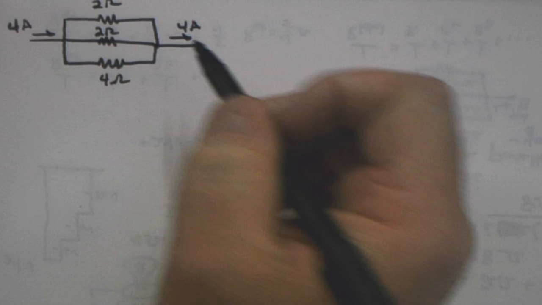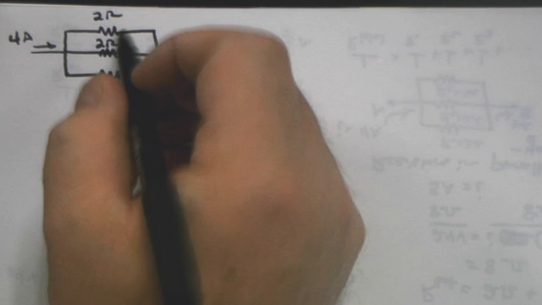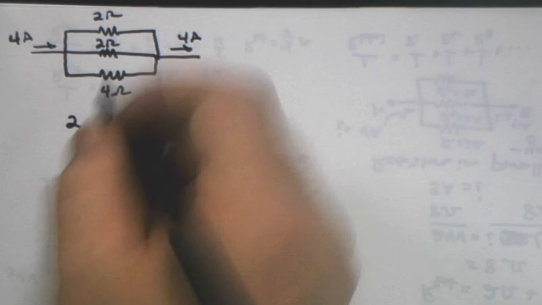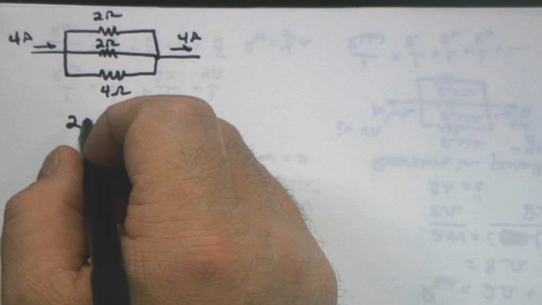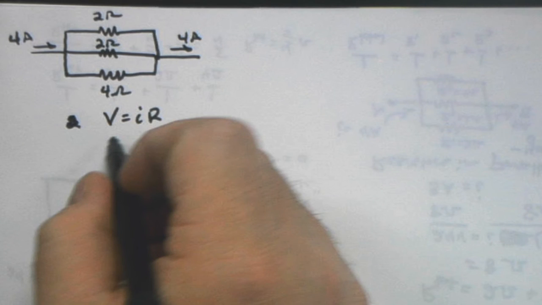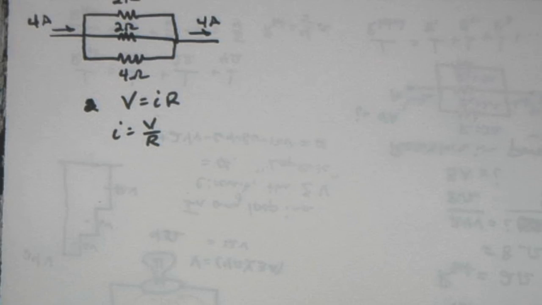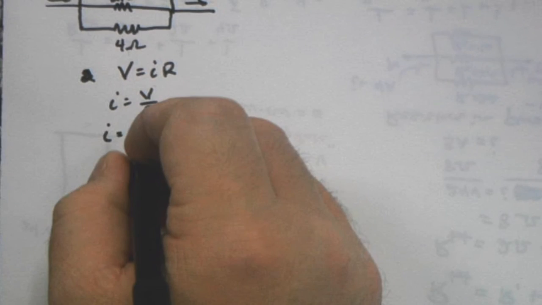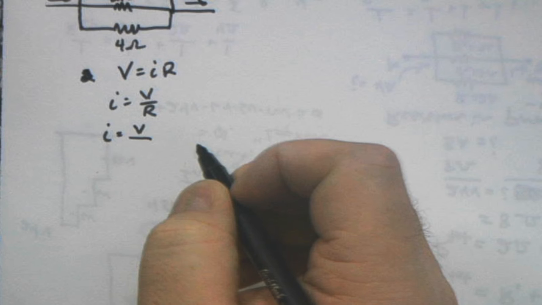All right, there's a little bit of heavier math that we have to do here. Because the voltage going through all three of these has to be the same, we know that V equals IR, or I equals V over R. So our current through any one of them is going to be this voltage, which we don't know, although we can figure it out.